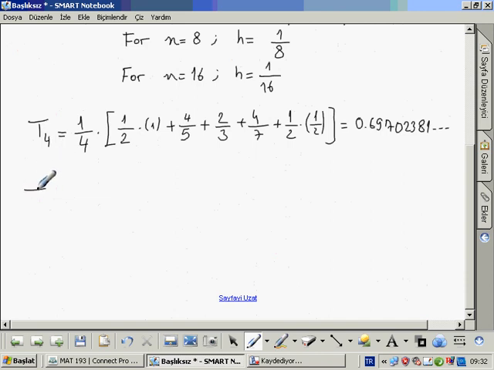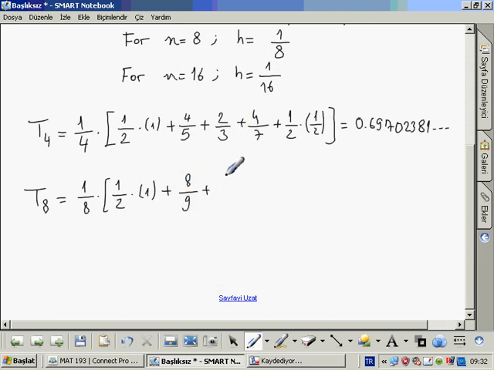And let's calculate T8. T8 equals h times, that means 1/8 times 1/2 times 1, and after that x1 equals 1 plus h, which is 1 plus 1/8 equals 9/8. We know the function is 1 over x, so 1 over 9/8 will be equal to 8/9.